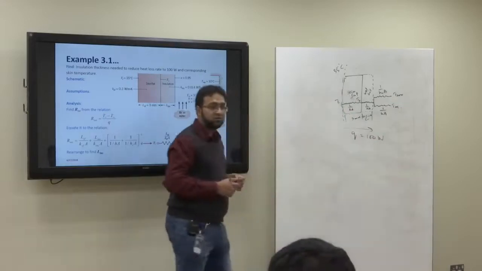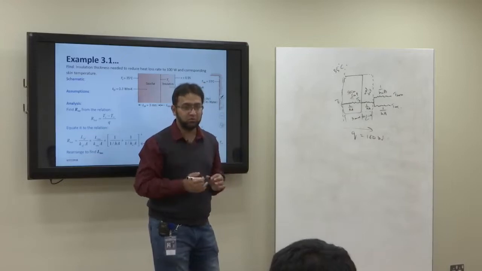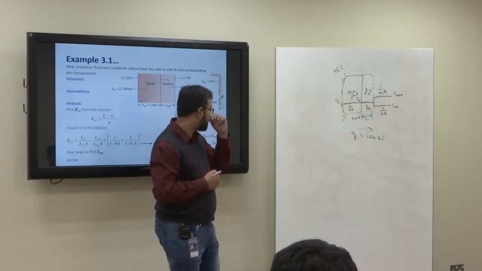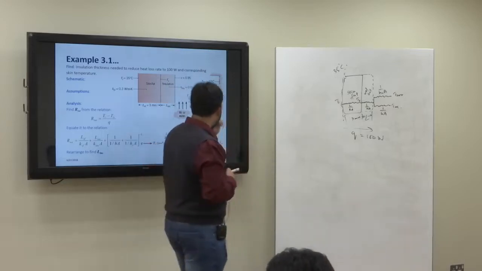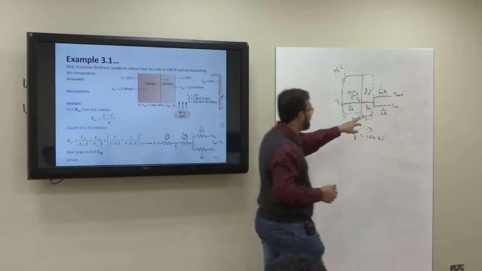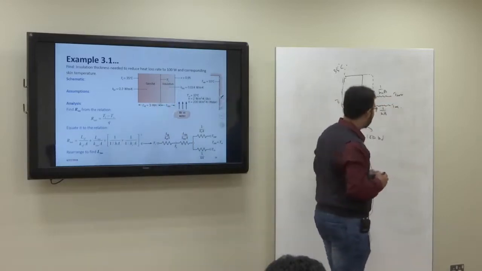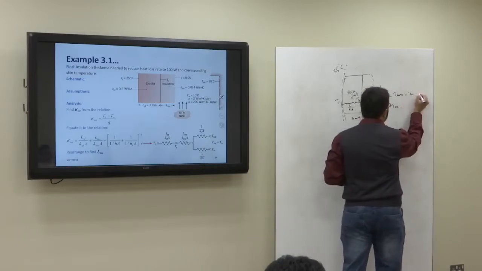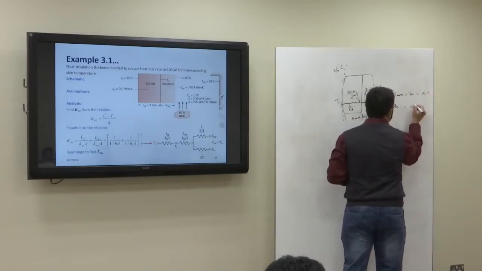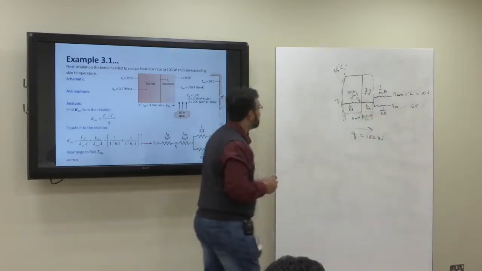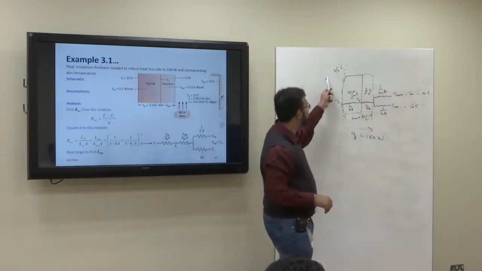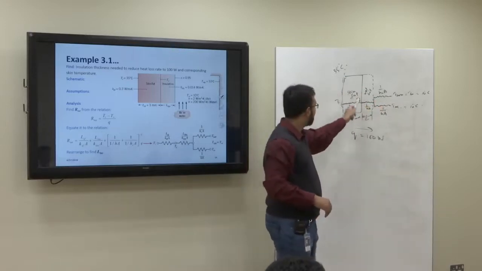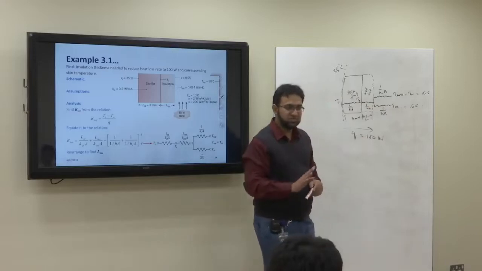Now if we want to solve this problem, since T infinity and T surrounding are same, it is 10 degrees centigrade. So what temperatures do we know? We know these two temperatures, the very inner and the very outer, but we don't know the in-between temperatures.